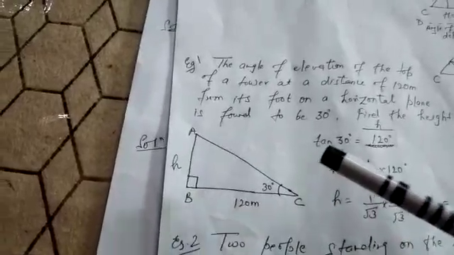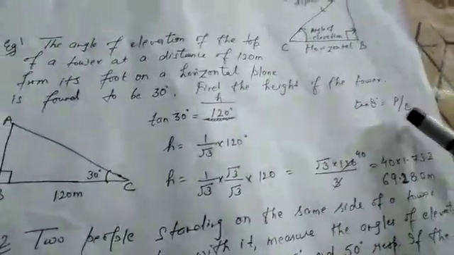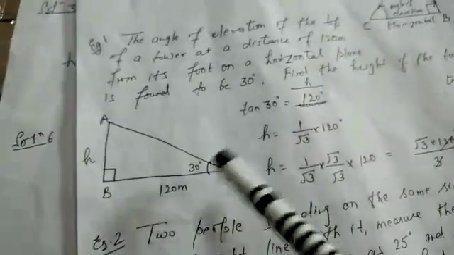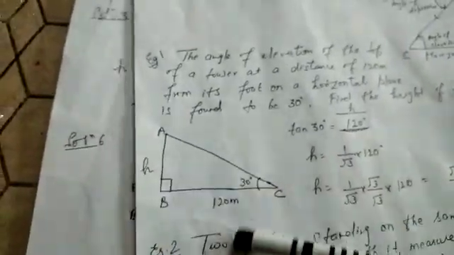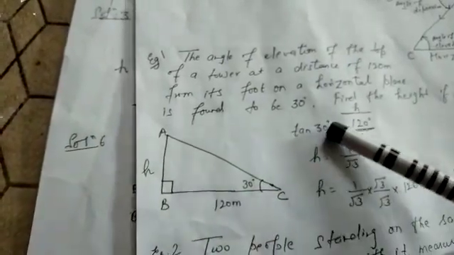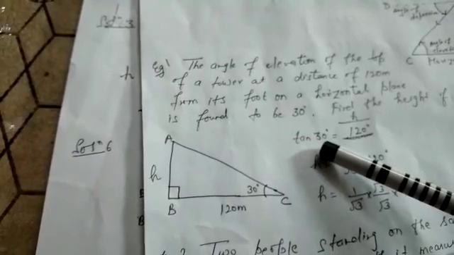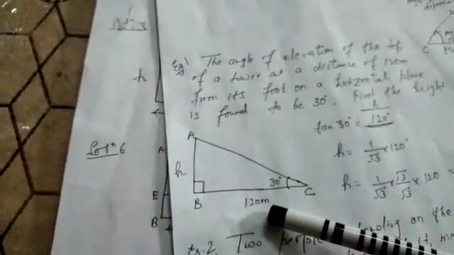So students, you know the relation between tan, sine and cos. Tan is equal to perpendicular upon base. Here we have the perpendicular and the base, so we will take tan, not sine or cos, because we have the combination of perpendicular and base given.